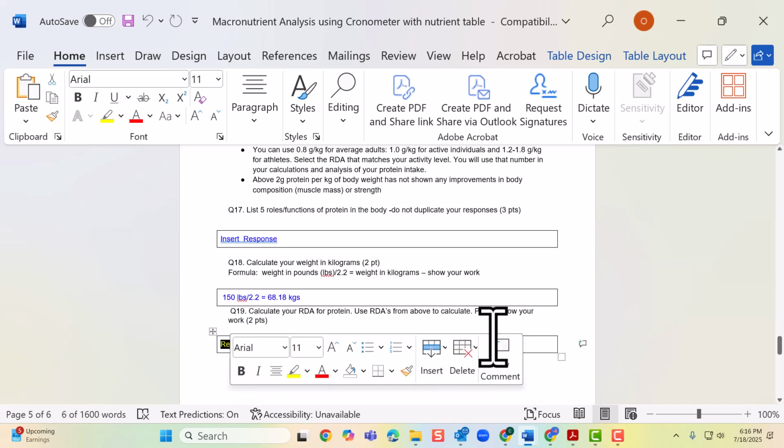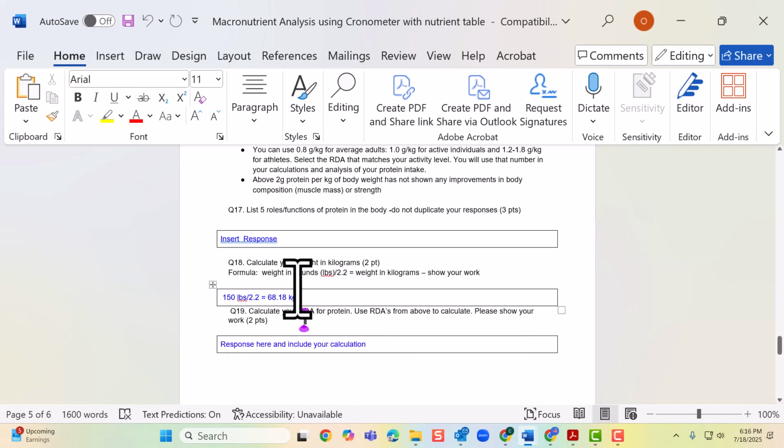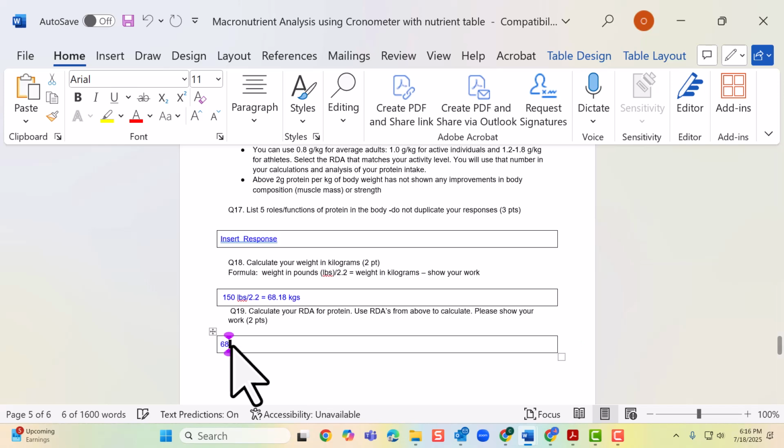So I'm going to use 1 gram per kilogram. You'll take your weight in kilos that we just calculated and multiply by 1 gram per kilo. And 1 times itself is itself. So I need 68.18 grams of protein every day.